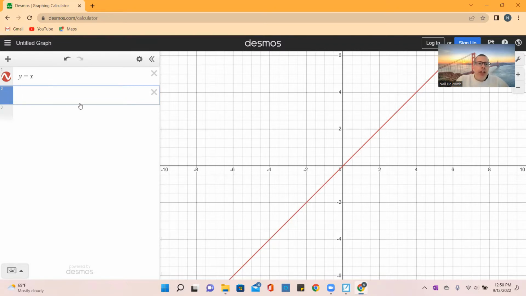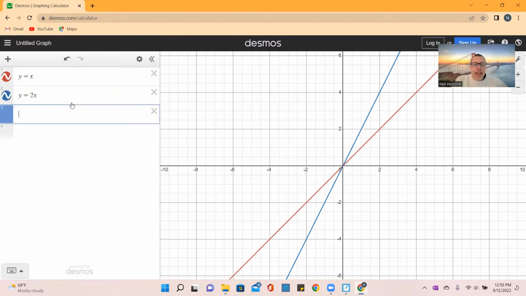If I change anything, such as the slope, and make that 2x, now the red line is the parent, and the blue line is a member of that family of functions. It's a member of the linear family. The red one is the parent function, the most basic.